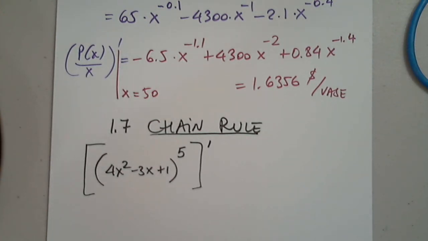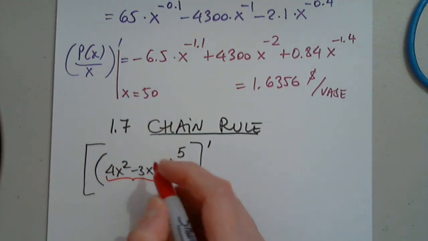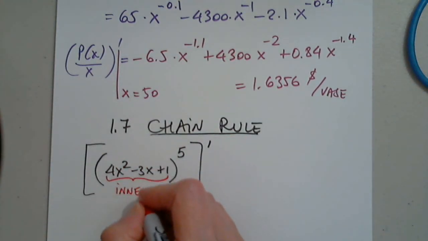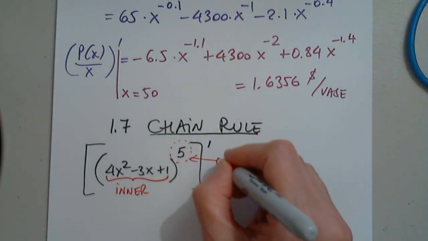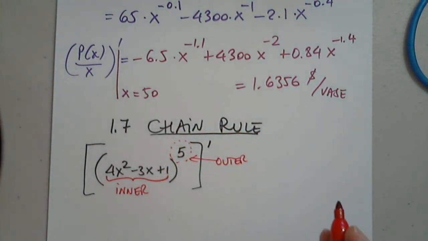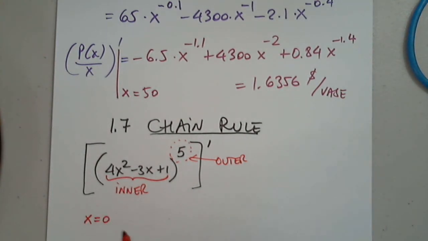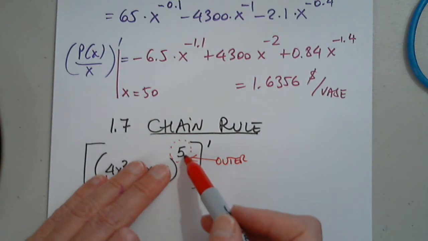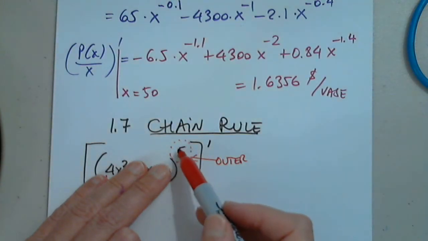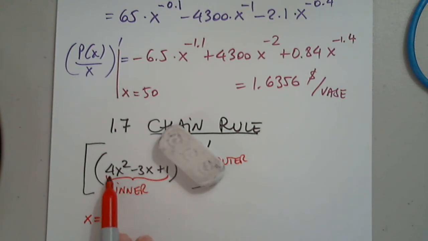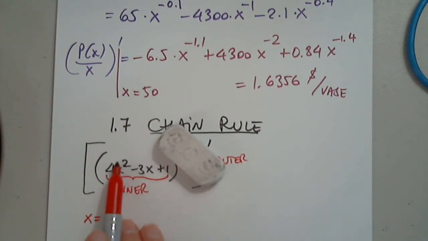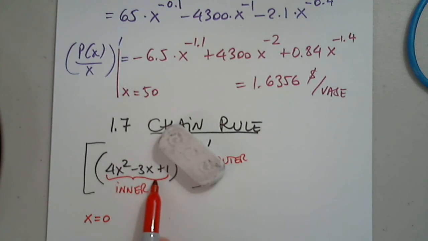It's a chain. Well, this is what we call the inner function. This is the outer. How do I know? If you ask me to evaluate this function for x equals 0, I cannot do this power first. I cannot do anything to this. I have to plug in 0 and calculate this number first.